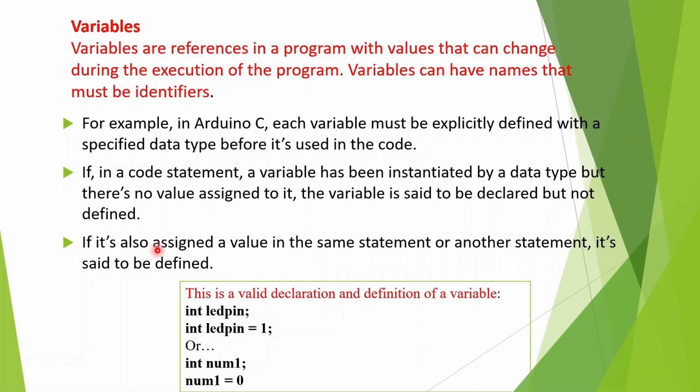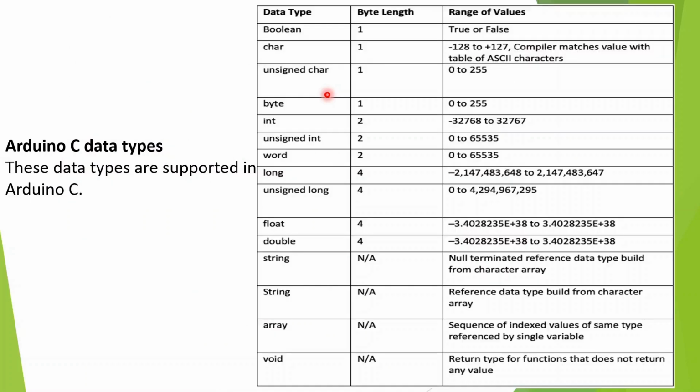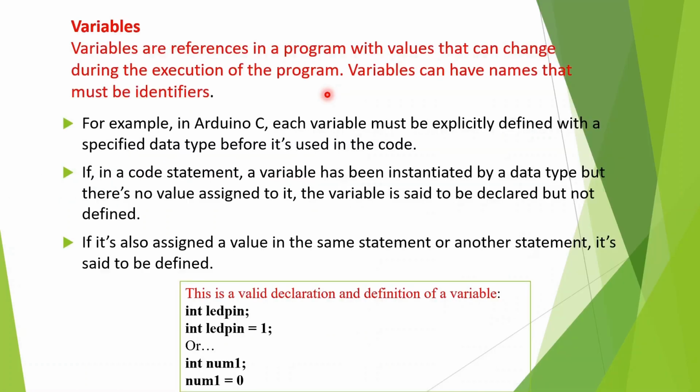What are variables? Variables are references in a program with values that can change during the execution of a program. Means this is a user-defined word where we can store our data, and as per this we have to assign which kind of data it is, and it will be defined by using these data types. See, in Arduino C, each variable must be explicitly defined with the specified data type before it is used in the code.